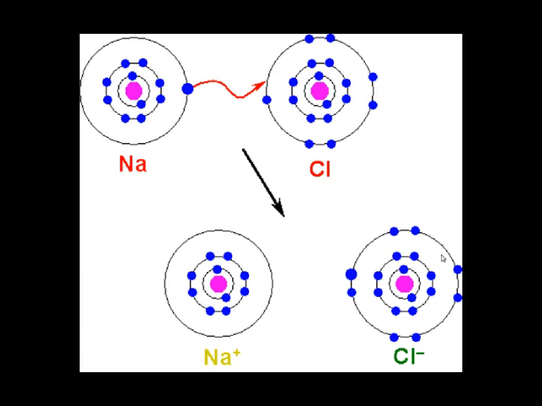Now there are 10 electrons in sodium, and in chlorine now there are 18 electrons and 17 protons, while sodium has 10 electrons and 11 protons.